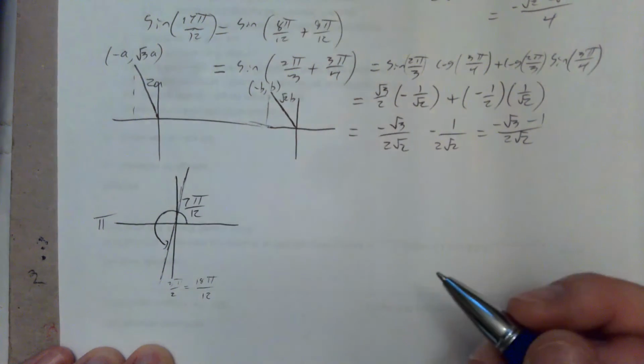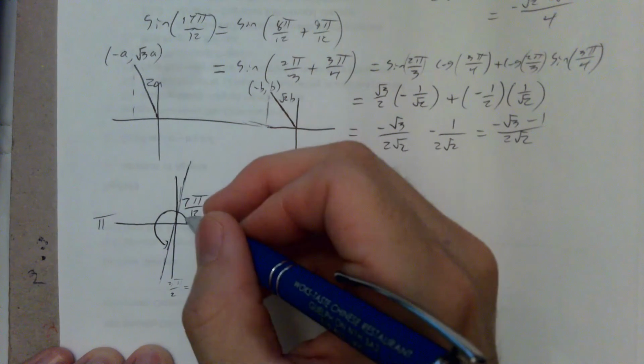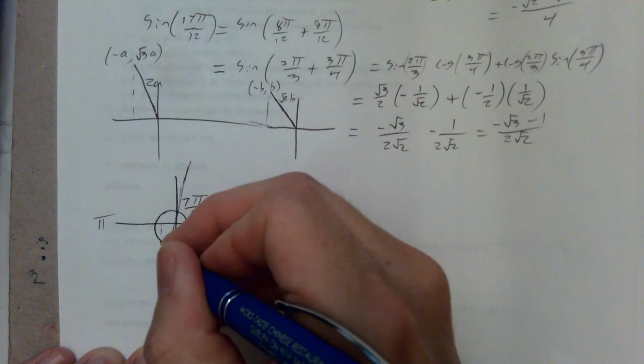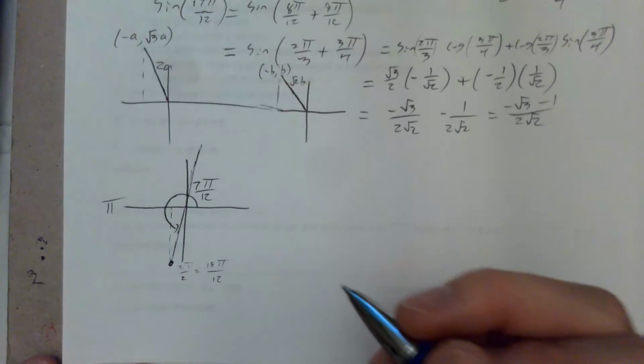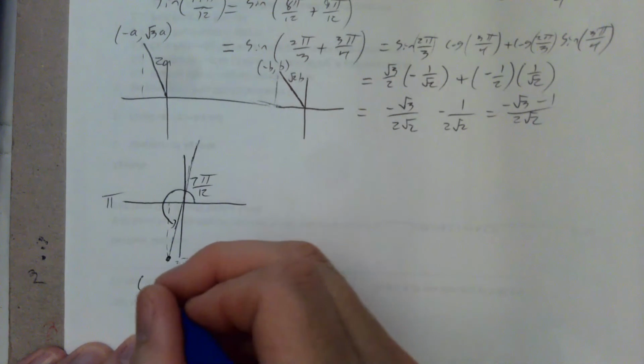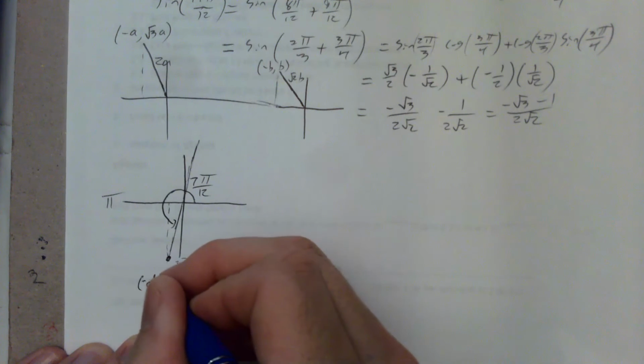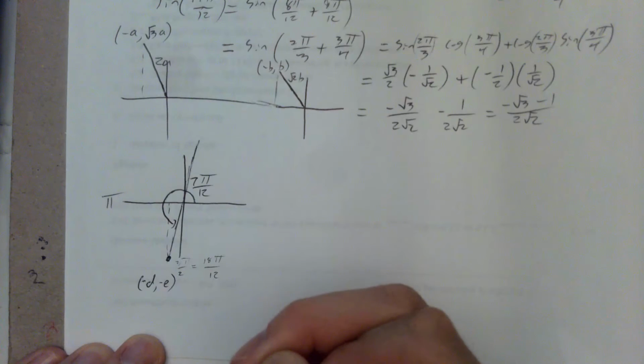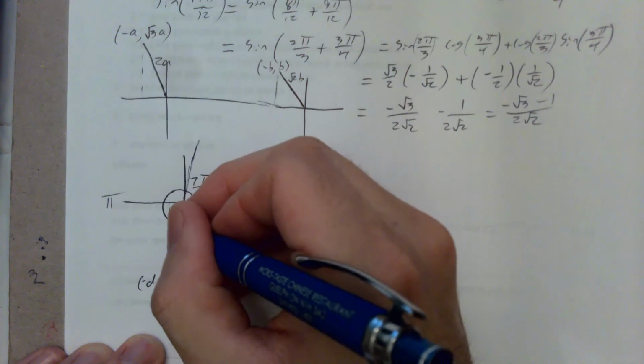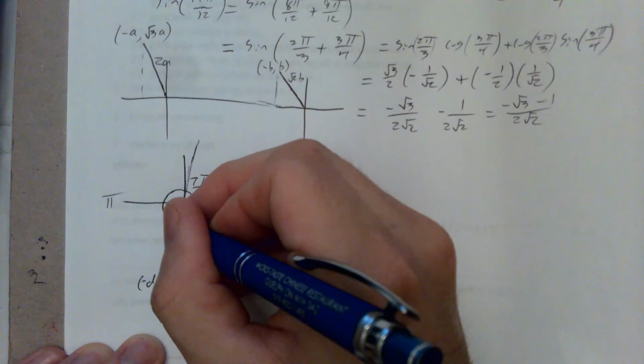If I just use my 5.0 understanding here, I've already used the letters A and B a couple of times here. Let's call this negative D, comma, negative E, with a radius of F, I guess.